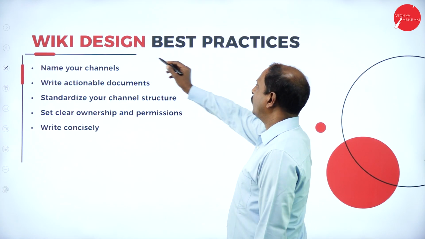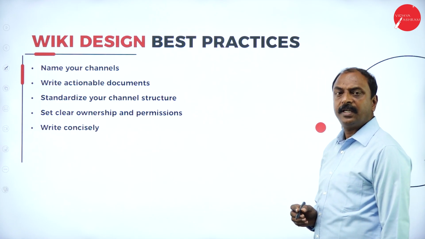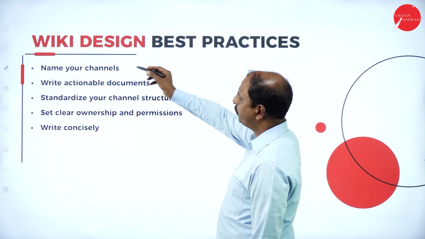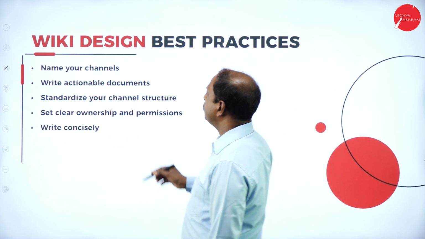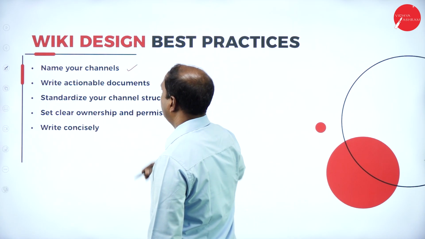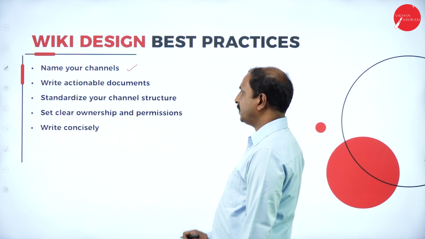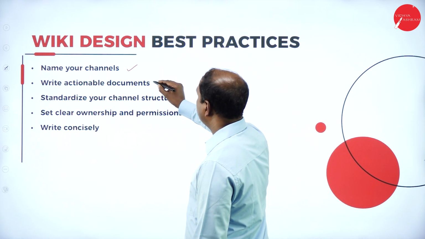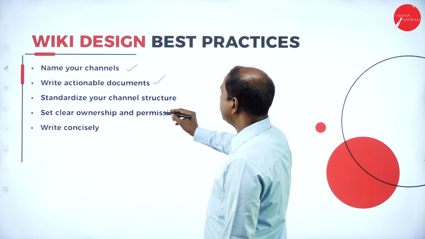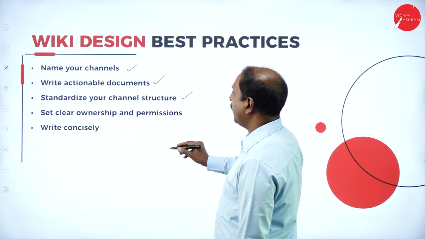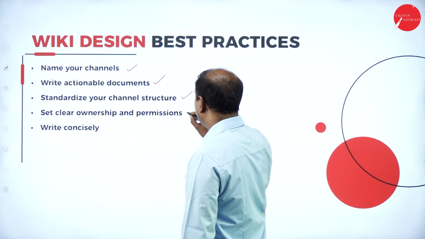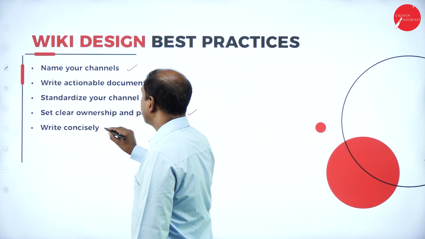Next, if you want to go for designing, how do we design a wiki site? Here are the points to be remembered. One is we have to name your channel, and it is better to have an attractive name for this, and actionable documents, standardize your channel structure, set clear ownership and permissions, and write concisely.